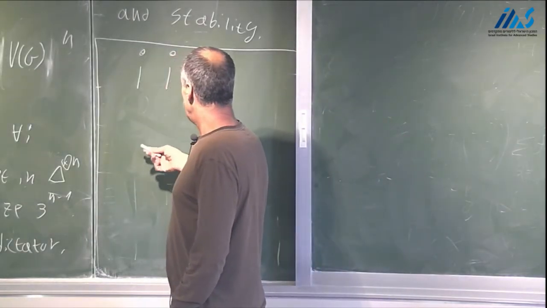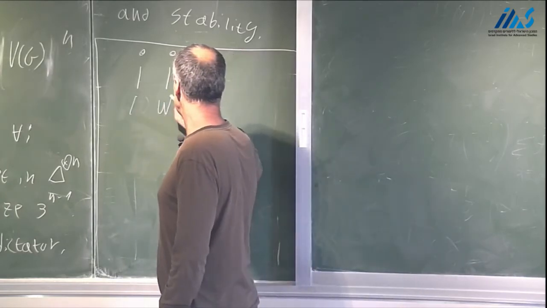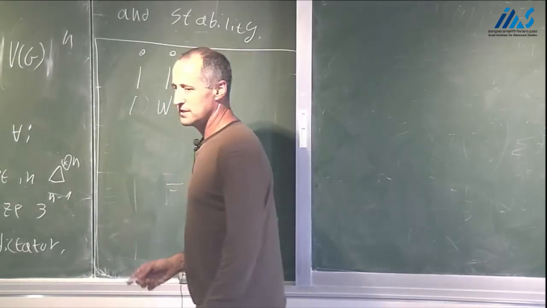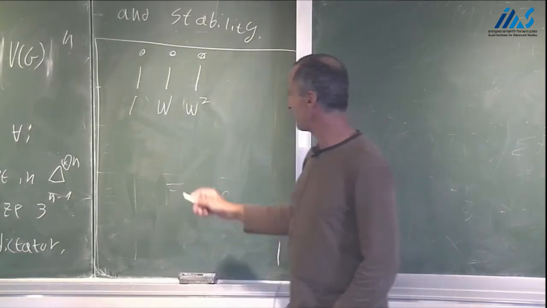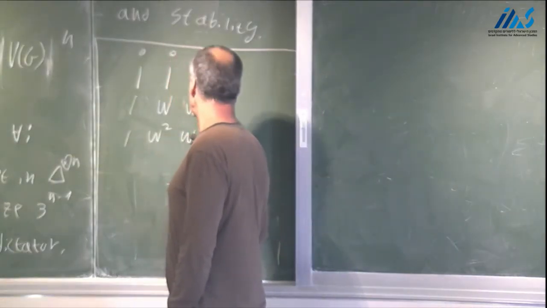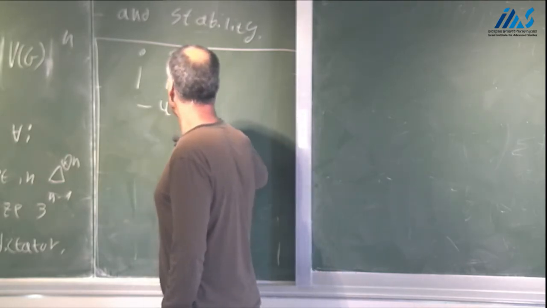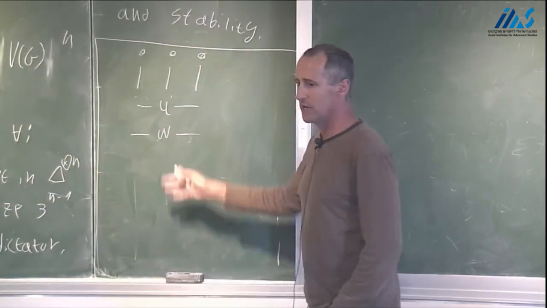For example, you can take this basis, if omega is the third root of unity. Actually, no, I don't want to take this basis. I'll take some other basis because I'm going to want something additional from it. So 1, 1, 1, u and w.